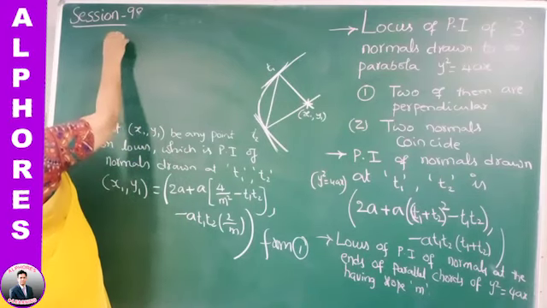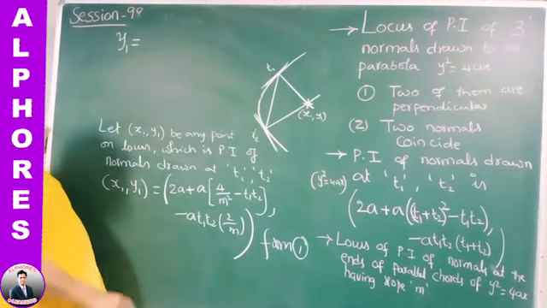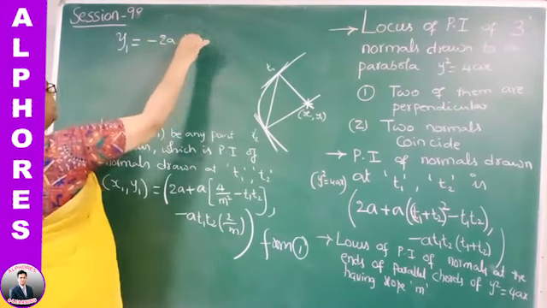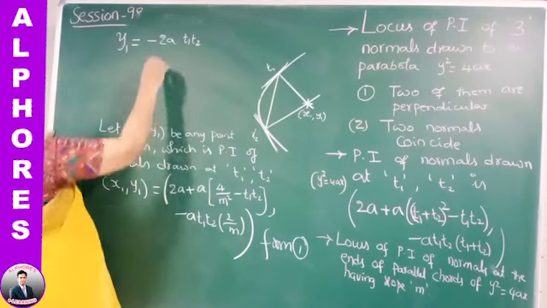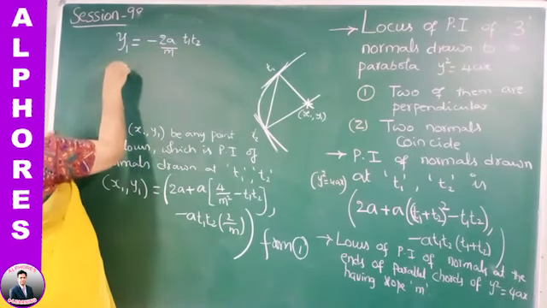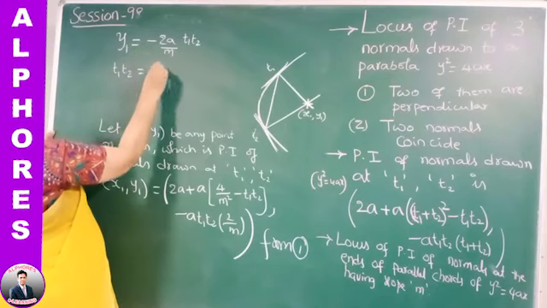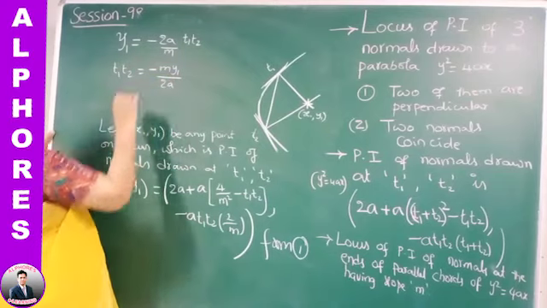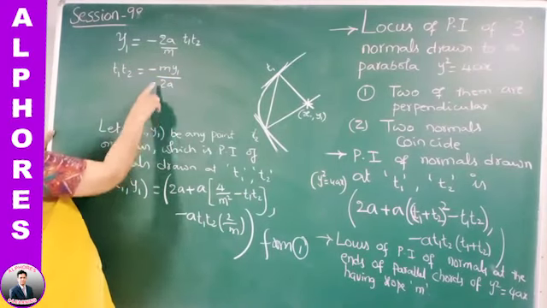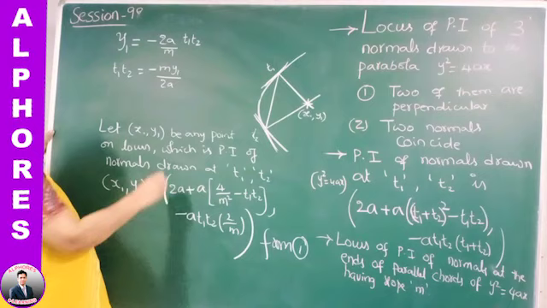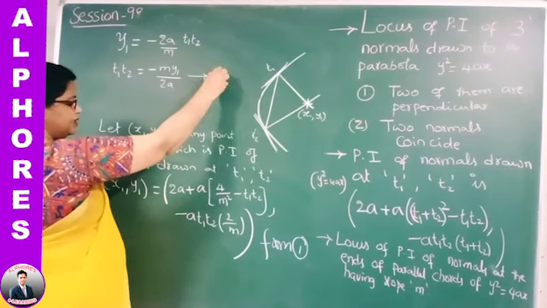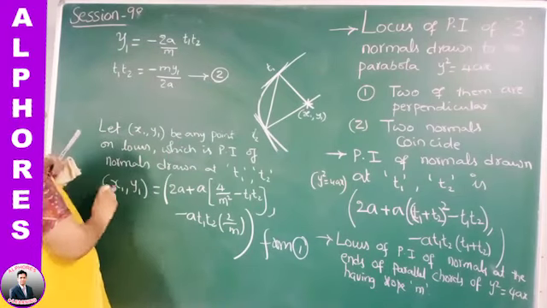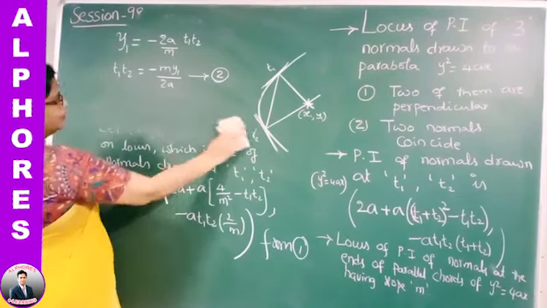So y1 is equal to minus 2a T1 T2 divided by m. Therefore T1 T2 is equal to m y1 divided by minus 2a, or minus m y1 by 2a. This value you substitute in the abscissa. Let us write here, now we are considering the abscissa.